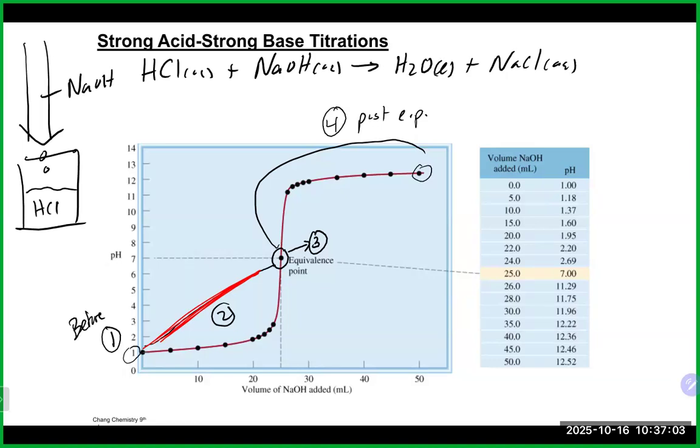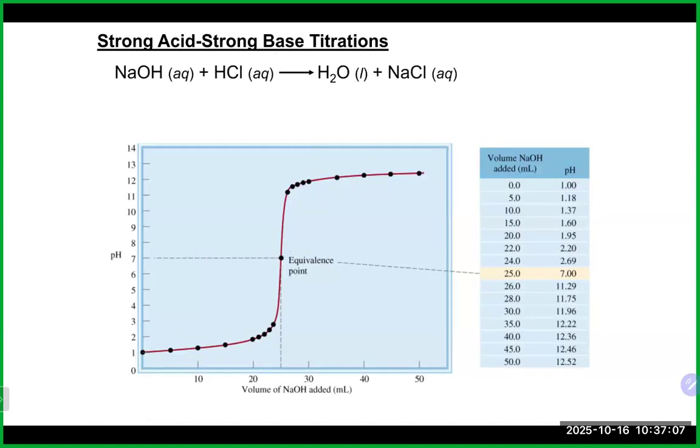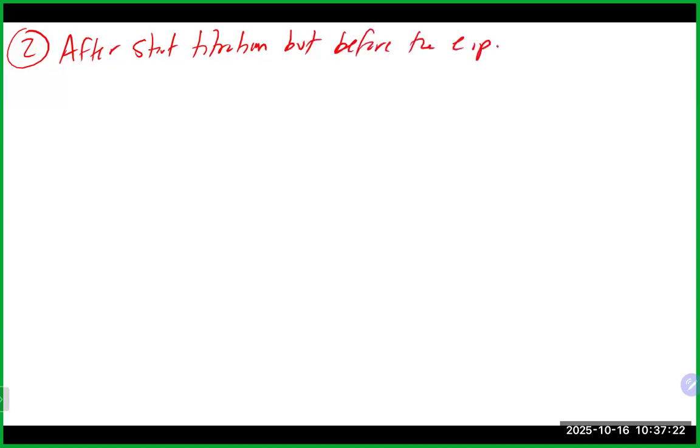So let's take a look at what happens after we start the titration but before the equivalence point. We're before the equivalence point, but we're definitely starting our titration.